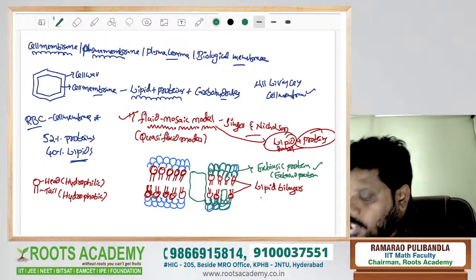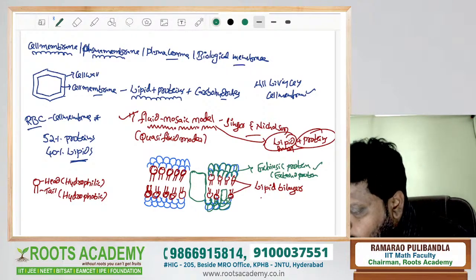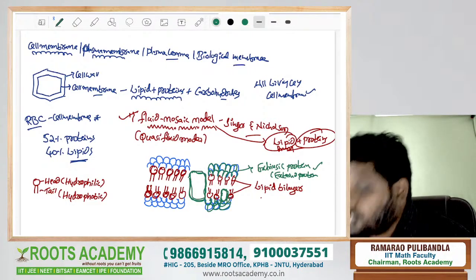But some proteins are either completely embedded or partially embedded.